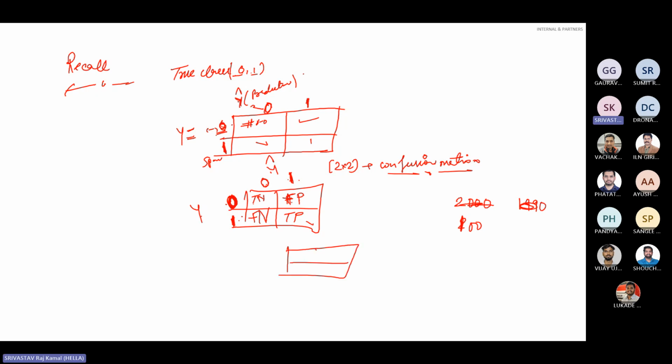In reality, you could see the matrix in this way. 50 were in this category, 10 predicted correct, 60, 20, 70, 80, 20.